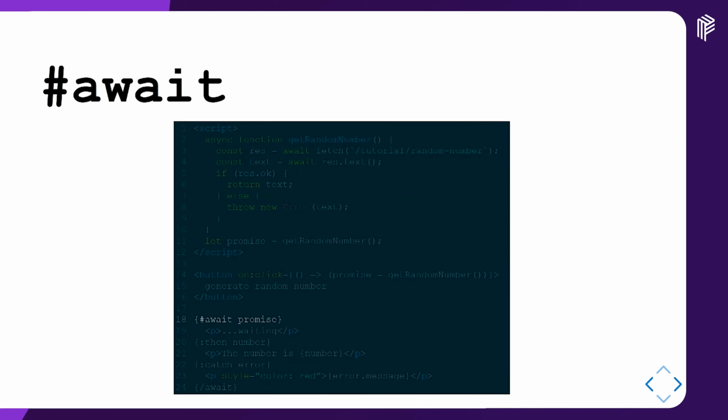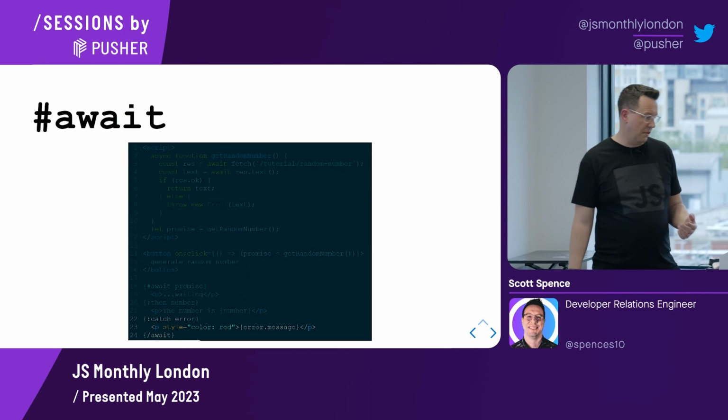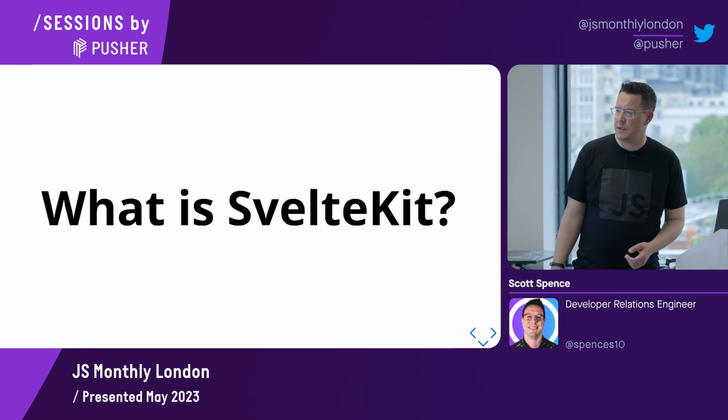And then we're going to wait for that to resolve. While we're awaiting that to be resolved, we're just going to render out a p tag to say waiting, working. When it gets resolved, we're just going to assign it to a variable, in this case number, and then we're going to render that out to the user. Or we're going to catch an error and say something went wrong, sorry. And I do apologize for the font size.